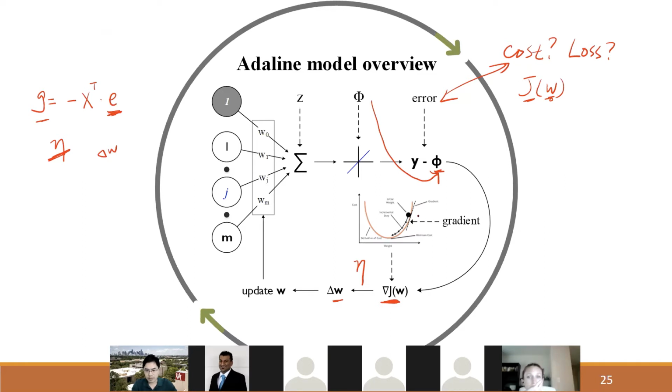It has something to do with the optimal weights. And after that, it's the mechanistic steps of calculating the update. All right. So that's the intuition of the process behind the Adaline.